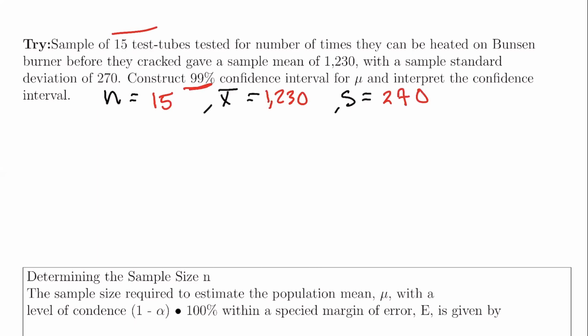If you work this out, the answer you should have gotten was 1,022.5 all the way to 1,437.5. And that was it for that problem. Any questions for that problem?